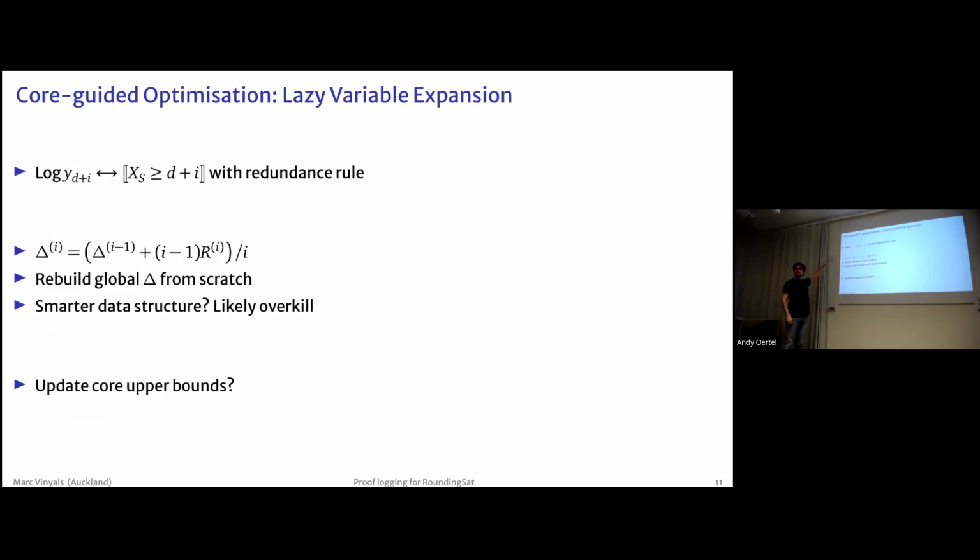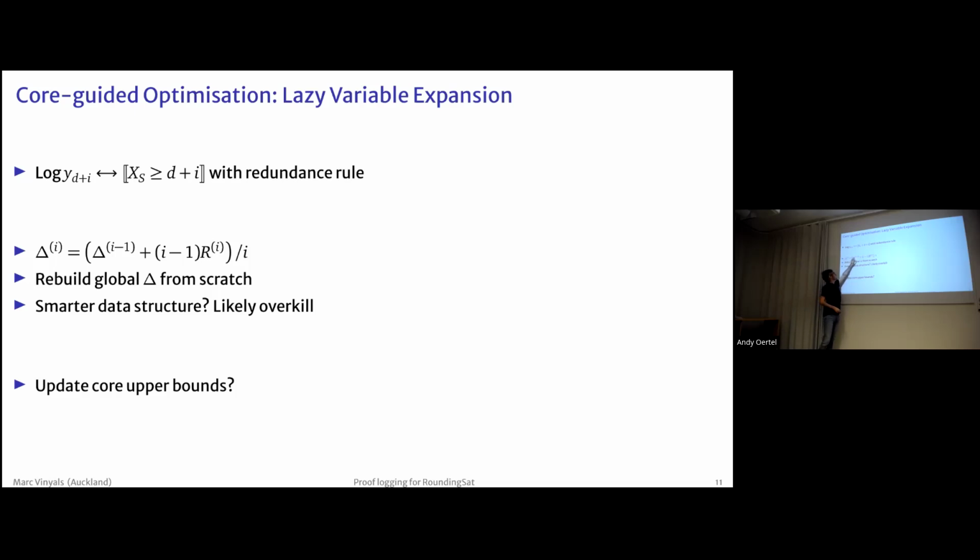Introducing the reified variables is again essentially the same, not much changes. The only trick is that we've got this objective reformulation constraint that we need to derive properly. That's derived by induction.